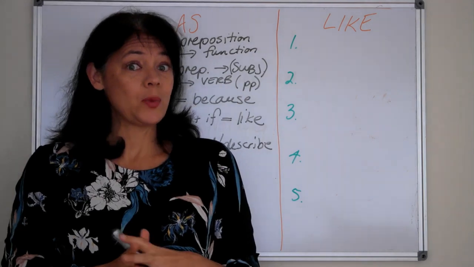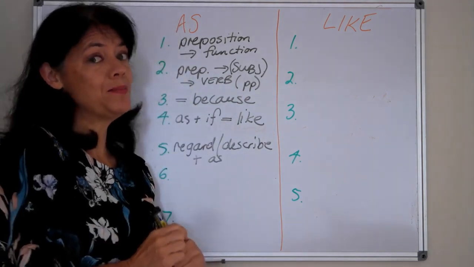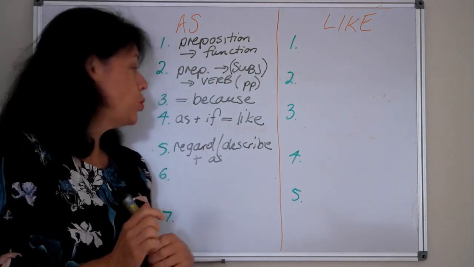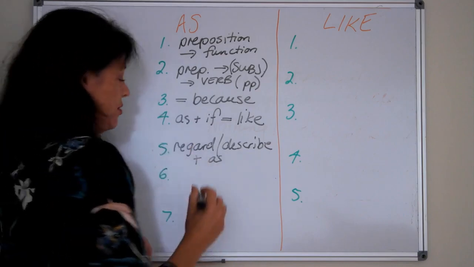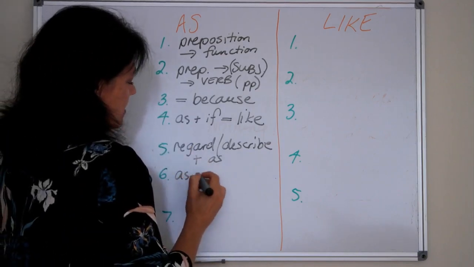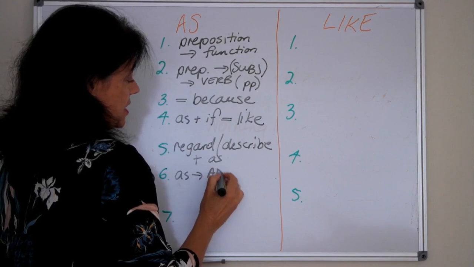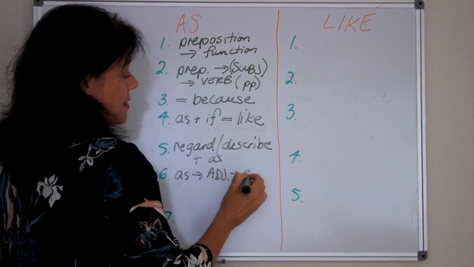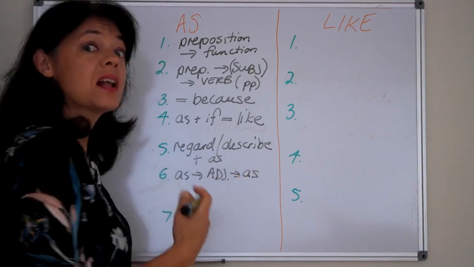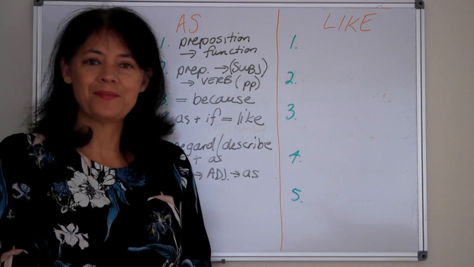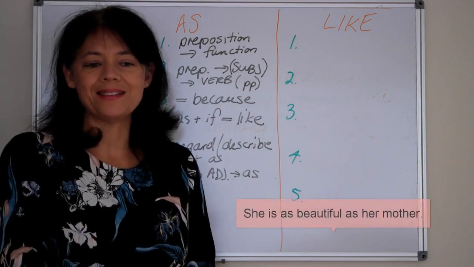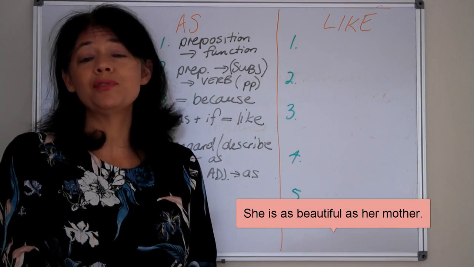Now, for the next one, this is all about comparison. And I'm sure you've learnt this before, but let's review. As, adjective, as: as clever as, as beautiful as. She is as beautiful as her mother.